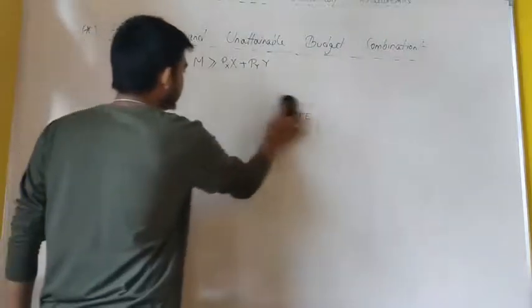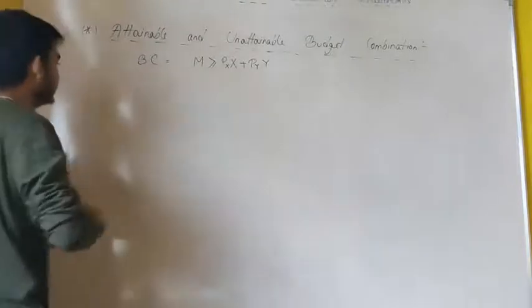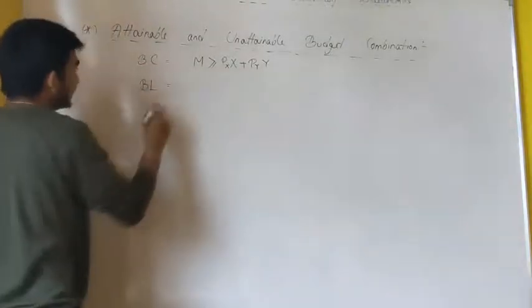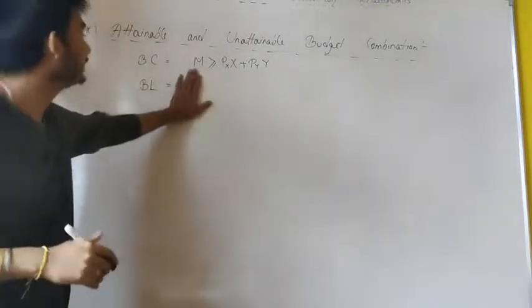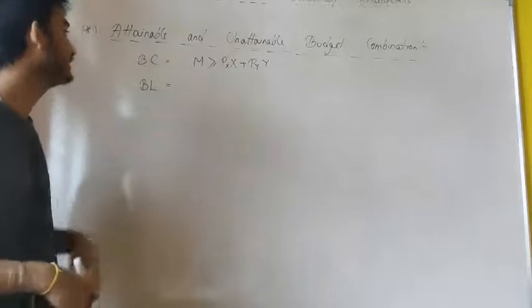And along with this budget constraint, we have learned another concept, the budget line. The budget line makes an implicit assumption that whatever income the consumer has, he has entirely spent it on the two goods and services.